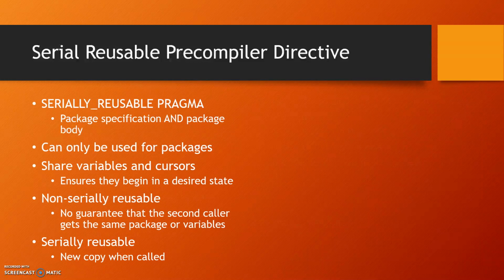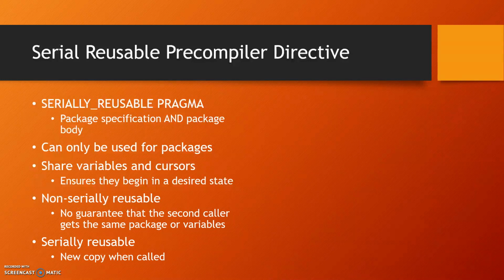The pragma serially reusable indicates the package state is needed only for the duration of one call to the server. This pragma is appropriate for packages that declare large temporary work areas that are used once and not needed during subsequent database calls in the same session.